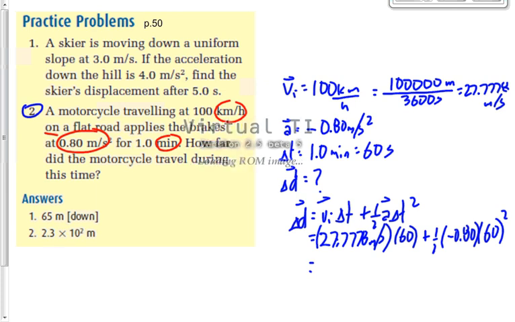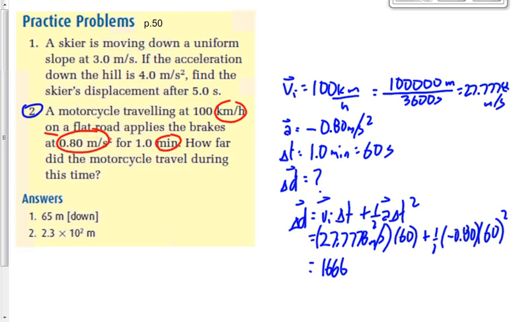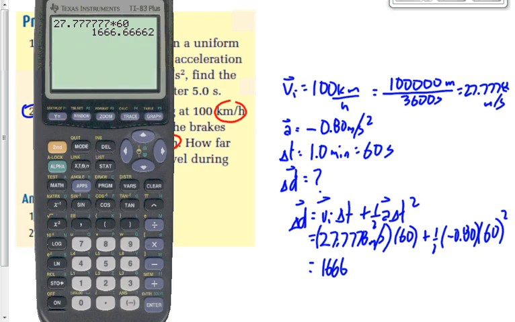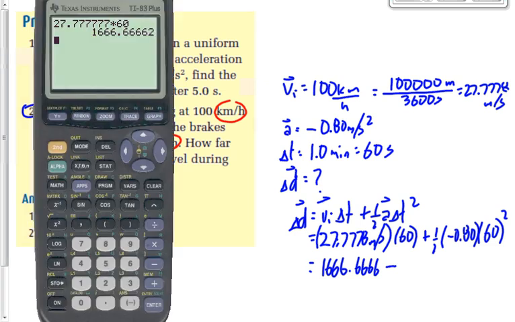Okay, let's do this on our calculators to make sure that you guys can get the right answers here. 27.7777 times 60 gives me 1666.666. Now we're going to say 0.5 times negative 0.8 times 60. Don't forget to square that. Gives me negative 1440. So it's 1666 minus 1440.